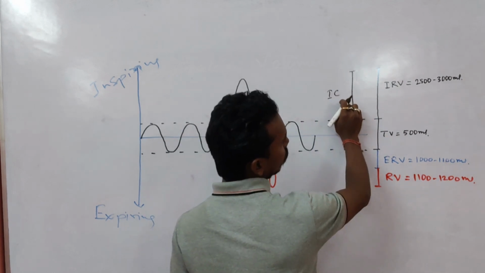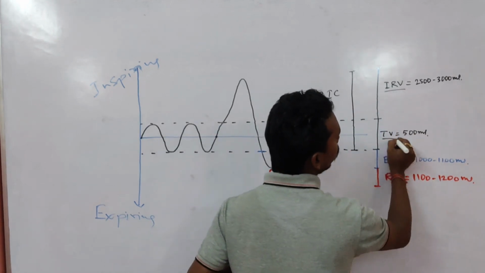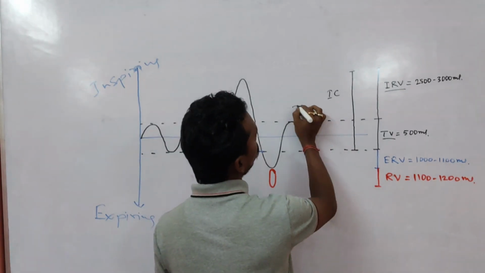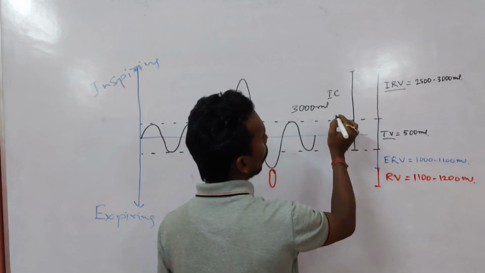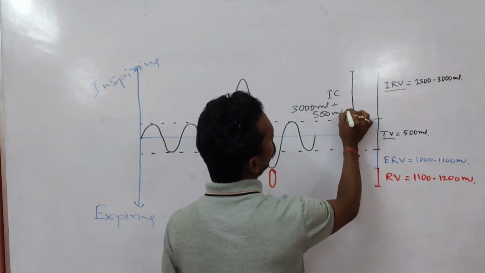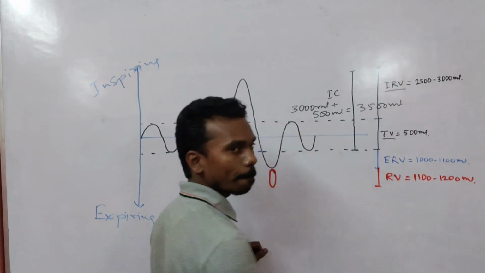This inspiratory capacity is a summation of IRV and tidal volume. That means approximately 3000 ml plus 500 ml, which is about 3500 ml.